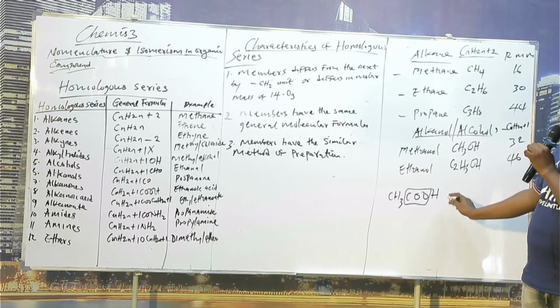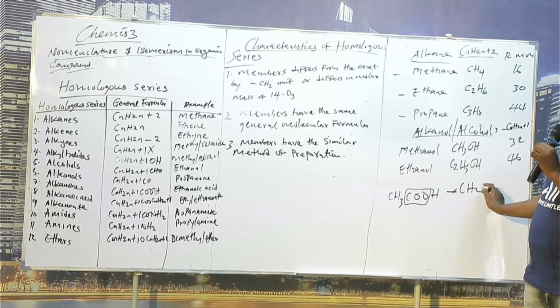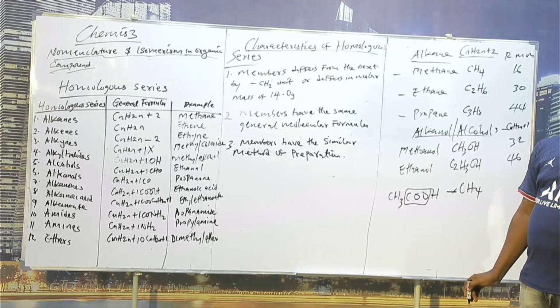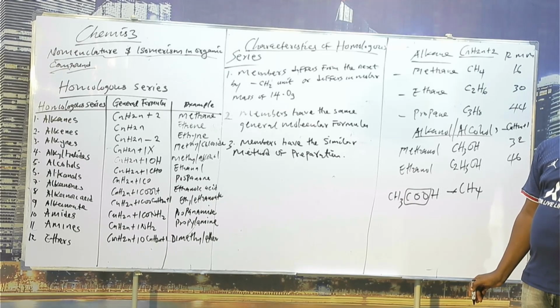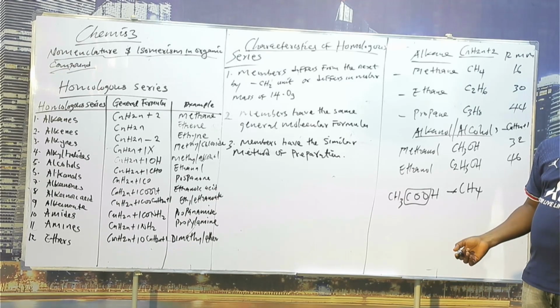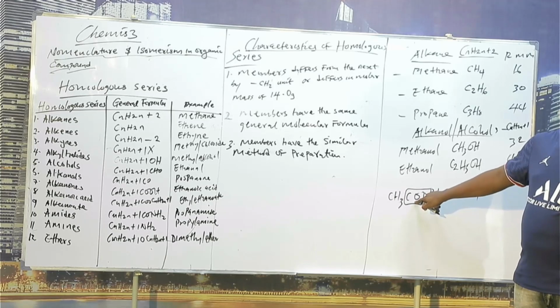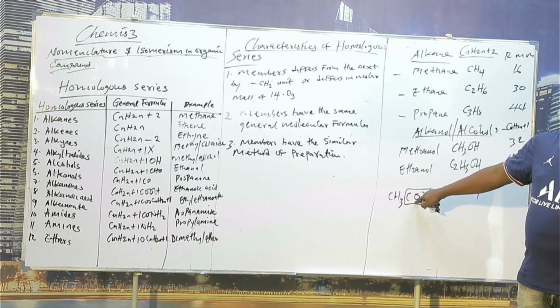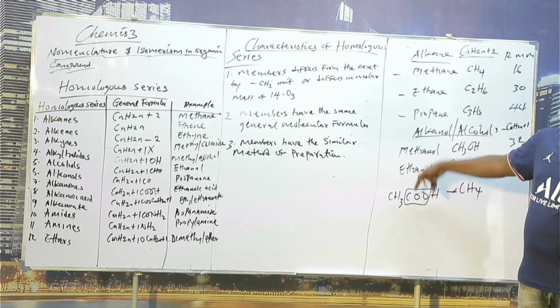What is remaining? CH4. If I want to prepare ethane, will I decarboxylate the same reacting substance? Because if I decarboxylate this, it will still give me methane.